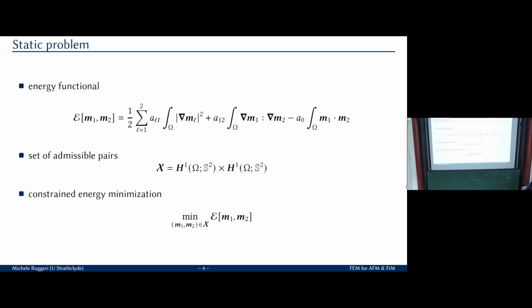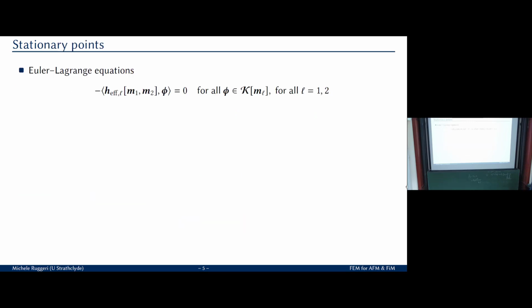Then what you can do, like you do in micromagnetism or for harmonic maps, is derive the Euler-Lagrange equation associated with the minimization problem, and you end up with these two equations here, a system of two equations.